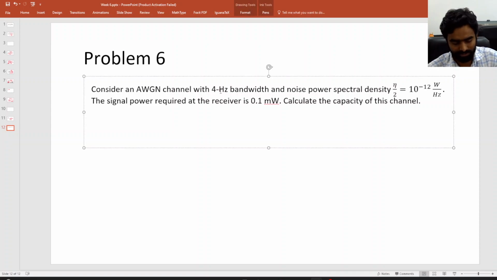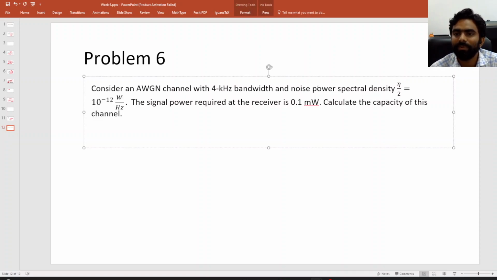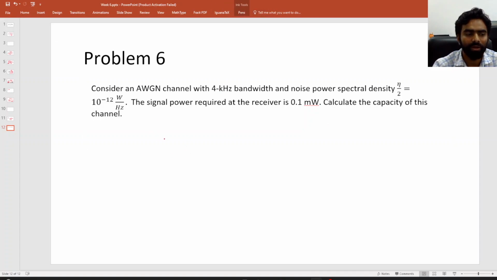Just understood the concept. That is 4 kilohertz bandwidth and the noise power spectral density is eta by 2, that is 10 to the minus 12 watts per hertz. Now the signal power required at the receiver is 0.1 milliwatt. Calculate the capacity of this channel. In the lectures we have derived the Shannon's capacity, that is C is equal to half log 2 1 plus P by sigma square.